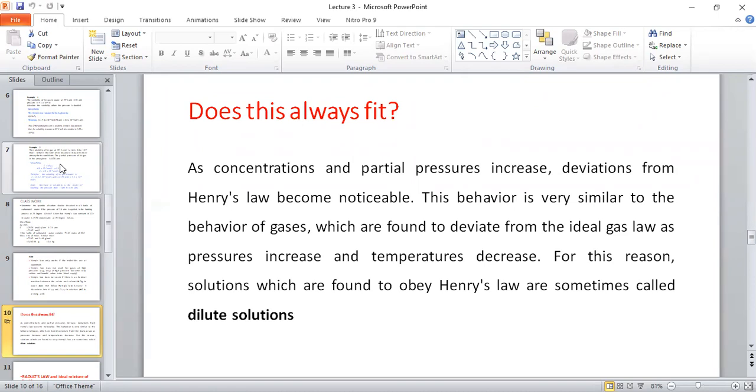This behavior is very similar to the behavior of gases, which are found to deviate from the ideal gas law as pressures increase and temperatures decrease. For this reason, solutions which obey Henry's law are sometimes called dilute solutions. It's only dilute solutions that can obey Henry's law. Once it becomes highly concentrated with high pressure, it doesn't obey Henry's law any longer.